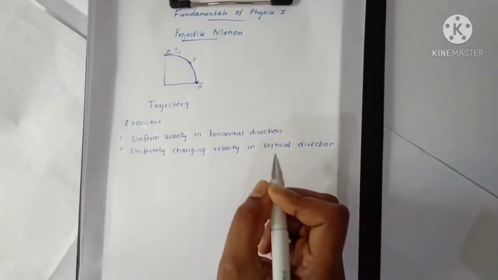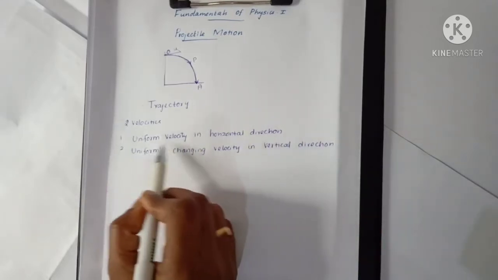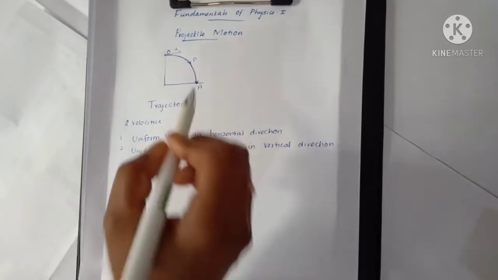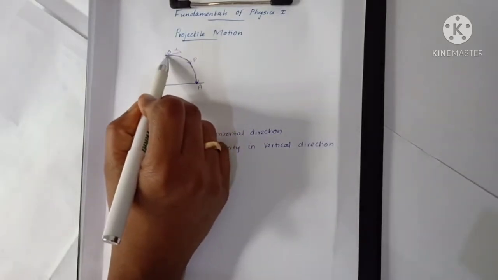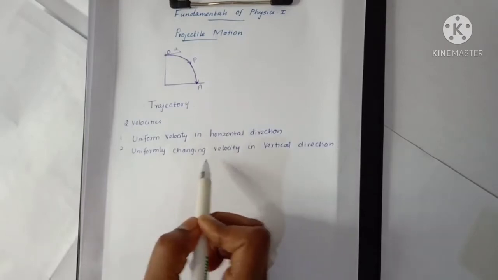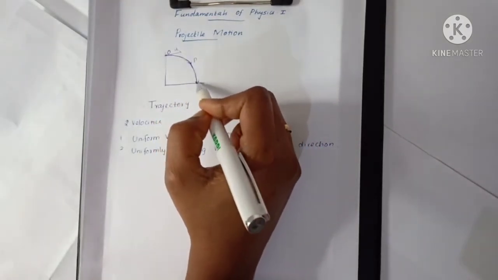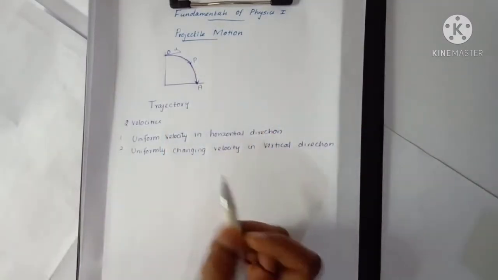So the projectile moves under the combined effect of two velocities: uniform velocity in the horizontal direction, that is this direction, and uniformly changing velocity in the vertical direction.